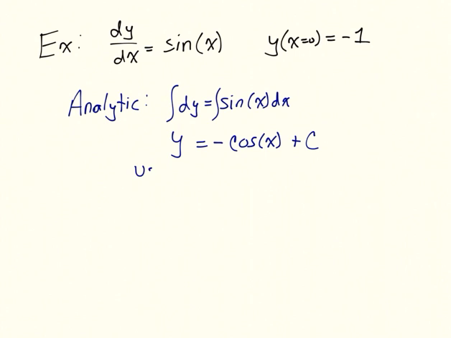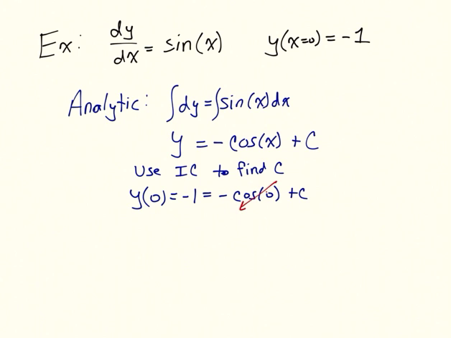So we use the initial condition to find c. And how does that work? Well, we say that y(0) = -1, which is equal to -cos(0) + c, and cos(0) is just 1, so this whole term goes to -1.